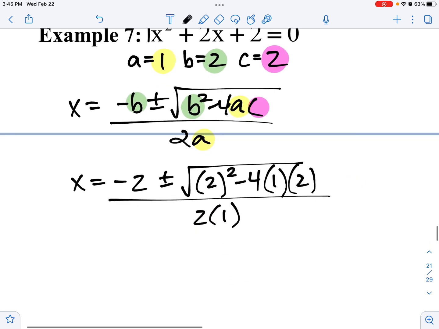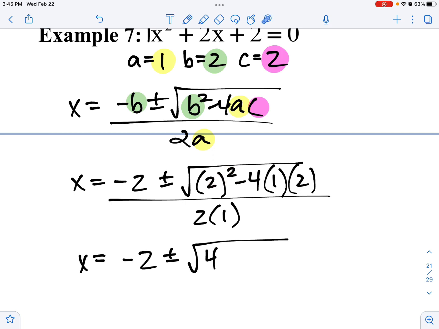Now I just need to simplify this thing, okay? So I still have my negative 2 in the front, but let's talk about what's inside the square root here. I have 2 squared, which is 4. And I have negative 4 times 1 times 2, which gives me negative 8. 4 times 1 times 2 is 8, and keep this negative sign here.